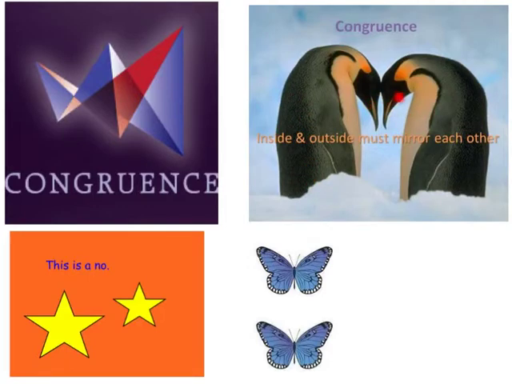They're exactly the same size. They do not have to be facing each other, however, to be congruent. This is not congruent because although they're both stars of the same shape, one is much larger than the other. So if you were to put this one up to a mirror, you would not get this. These two butterflies are congruent.